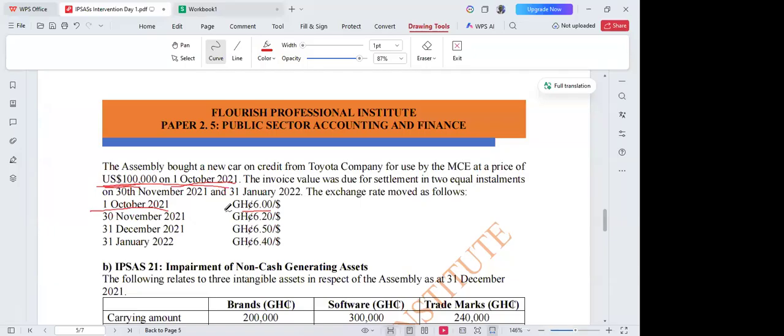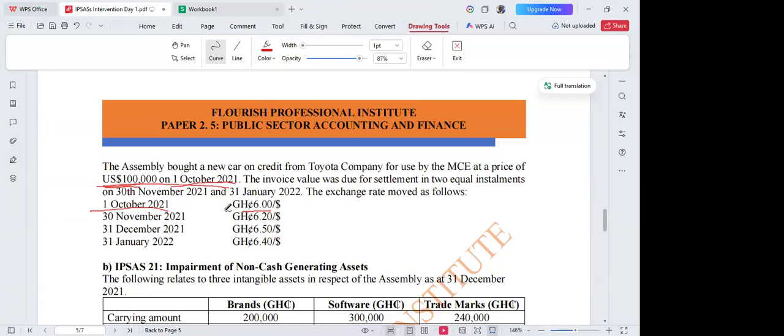Now we need to check whether you made payments within a year or otherwise. If you make payments within a year, you need to translate that and get your foreign exchange gain or loss at the date you make payments. If you didn't make payments within a year, at year end you also have to check the current balance you have now, and calculate your foreign exchange gain or loss.